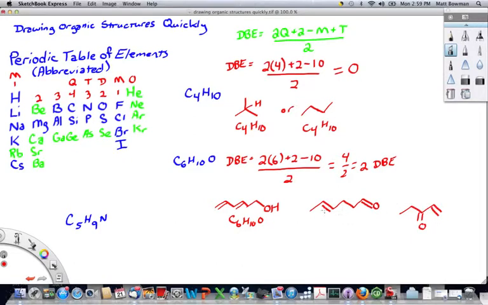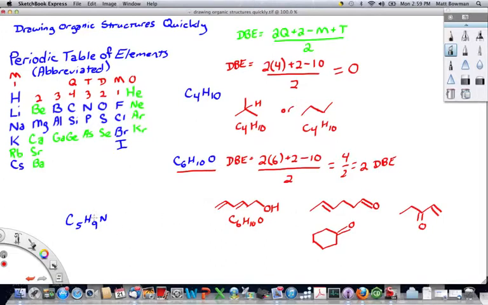Other things we could have done is maybe use our 6 carbon atoms as a ring. In this case, this takes up 1 DBE, double bond equivalent, because it forms a ring. We add in our oxygen, and then we can put the other double bond equivalent in. So this also has the formula. There are lots of different structures that have this particular formula in it.